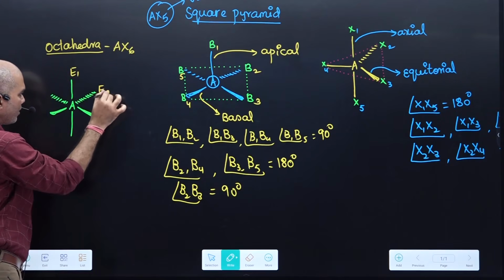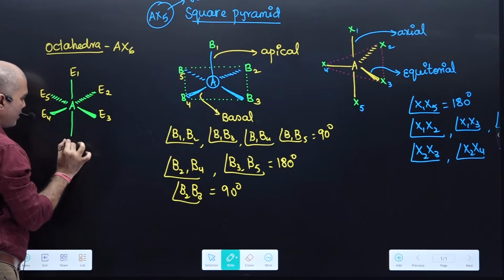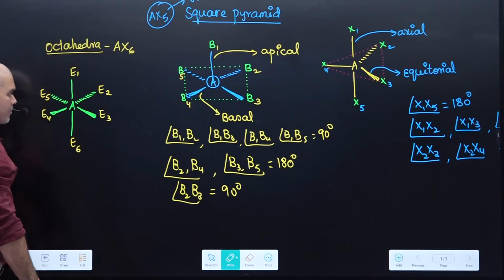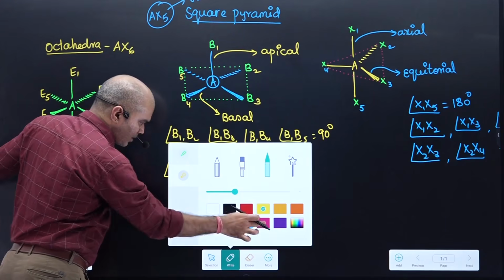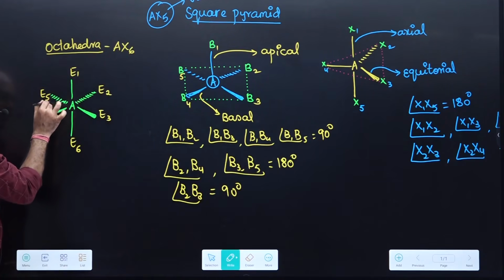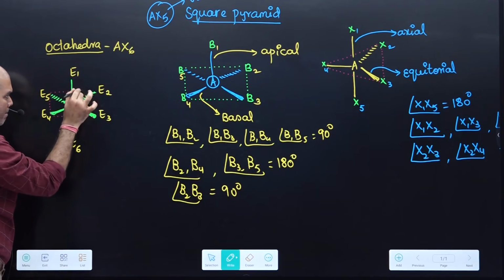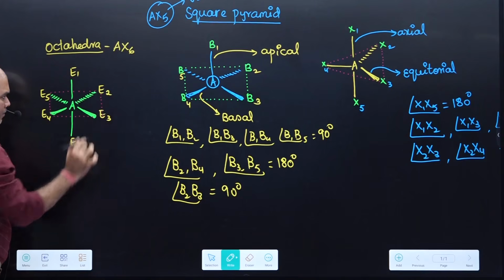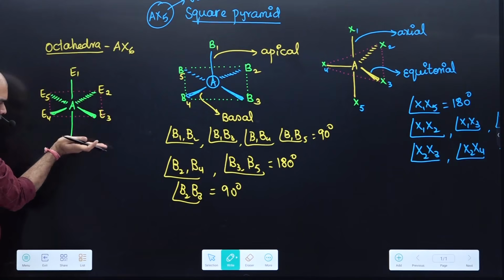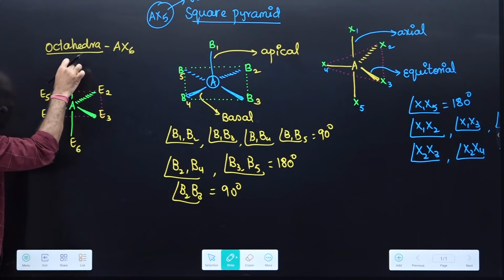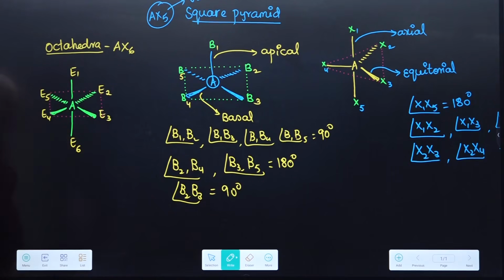E1, E2, 3, 4, 5 in clockwise manner, E6. So there is a plane here, plenty of planes. One plane I am showing. One rotational axis if I consider. First plane, second plane has 4 atoms, third plane has 1 atom. So I started numbering from the inner atom 1, second plane 2, 3, 4, 5 in clockwise manner, third plane 1 atom.